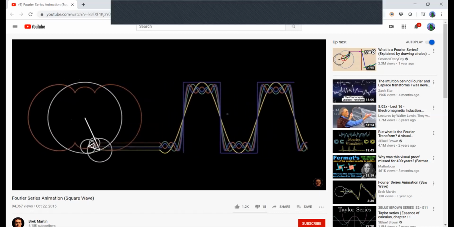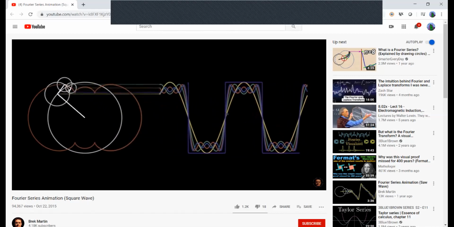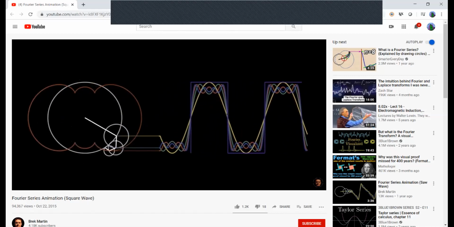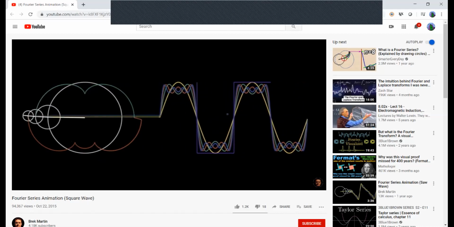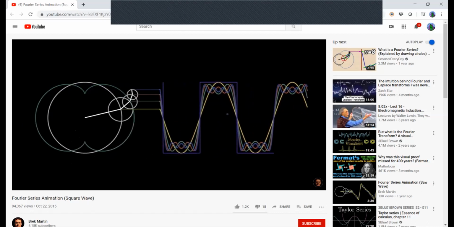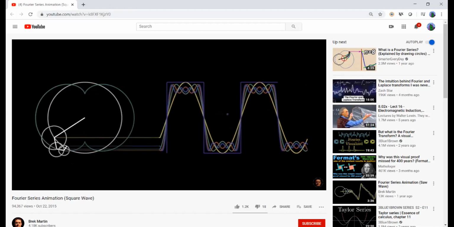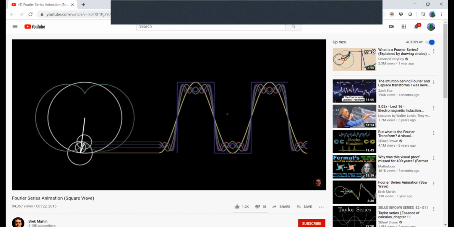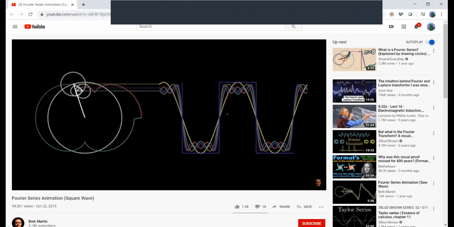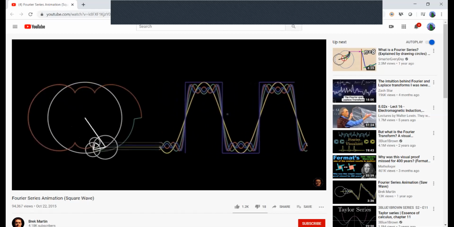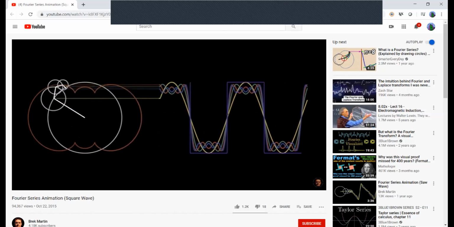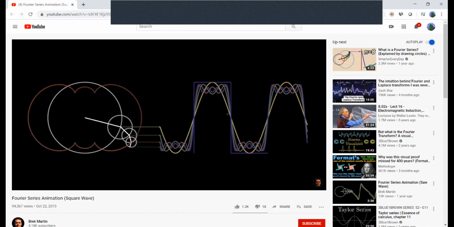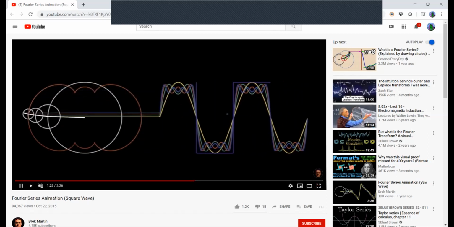You can take something that really doesn't look like a sine and cosine, but if you add up exactly the right multiples of sine and cosine, and notice that the radii of these circles are also decreasing, right? Those are the Fourier coefficients, right? Because it was sine x plus sine 3x divided by 3 plus sine 5x divided by 5. And you have to get these radii exactly right to get this shape. So any questions about this animation?